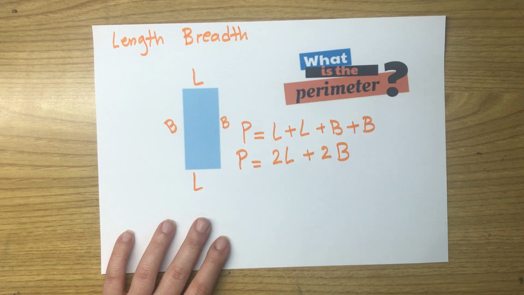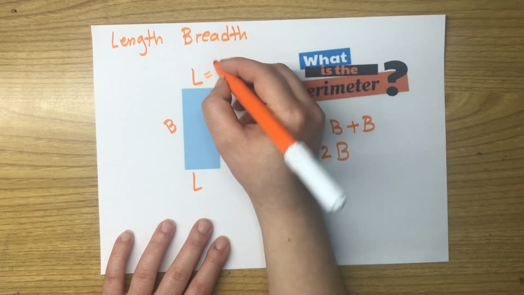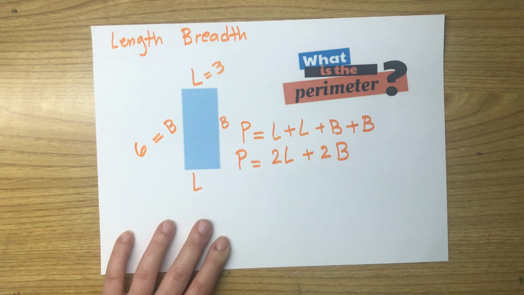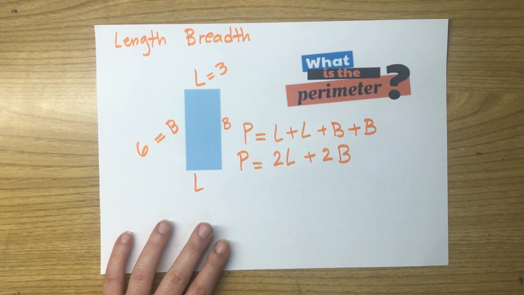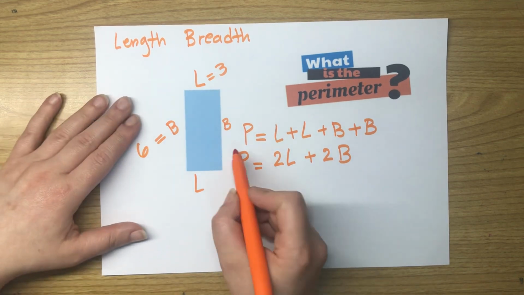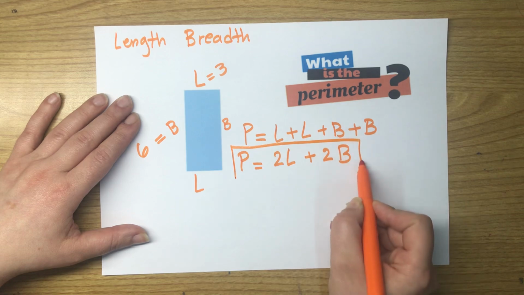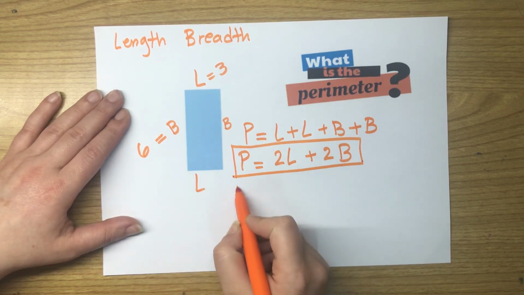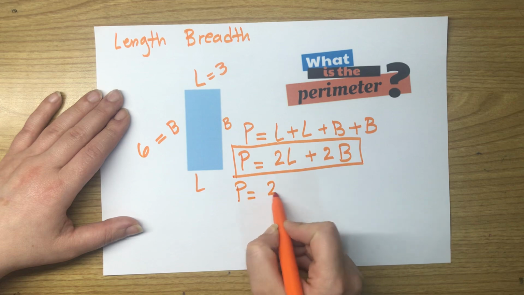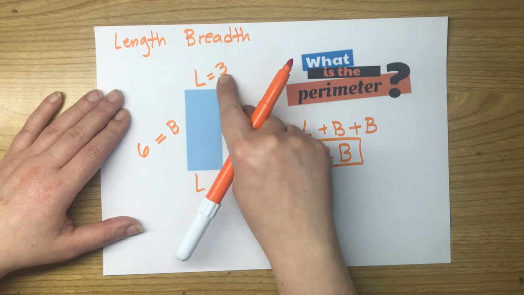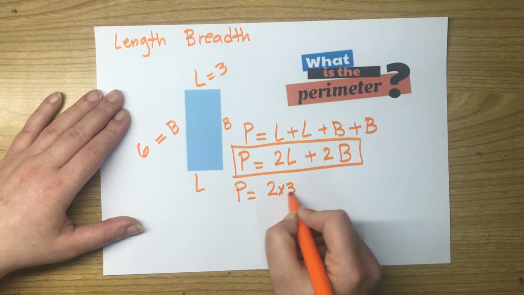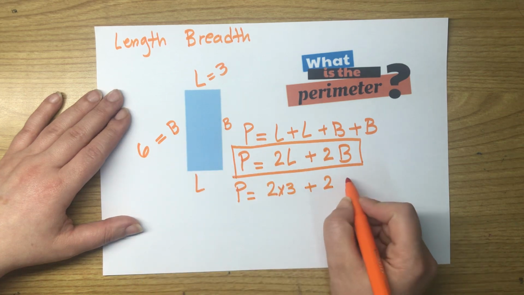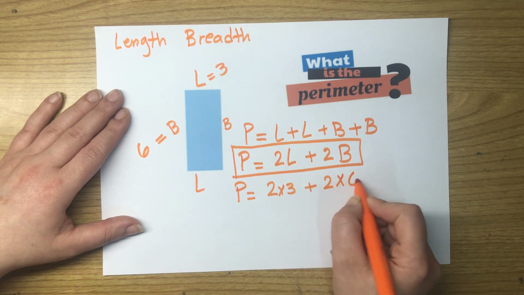For example, let's say that the length equals 3 and the breadth equals 6. Find the perimeter for this rectangle. Using the formula, the perimeter is going to be equal to 2 times the length, which is 3, plus 2 times the breadth, which is 6.